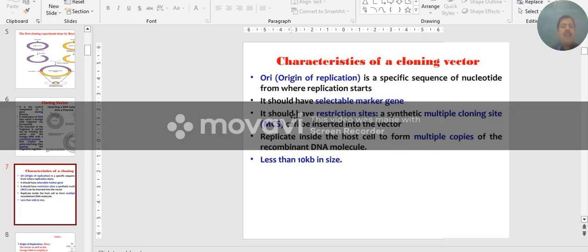Then a vector molecule should have restriction sites. Restriction sites basically allow cleavage of a vector molecule at a suitable place to insert your foreign DNA.